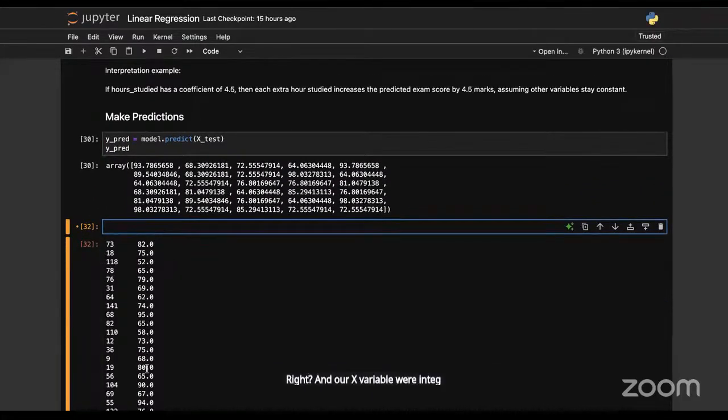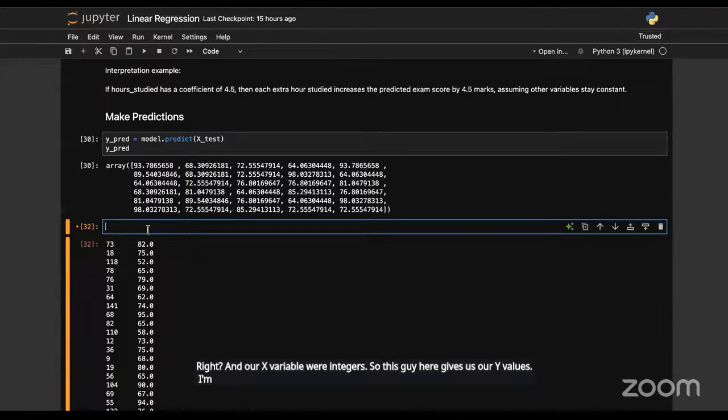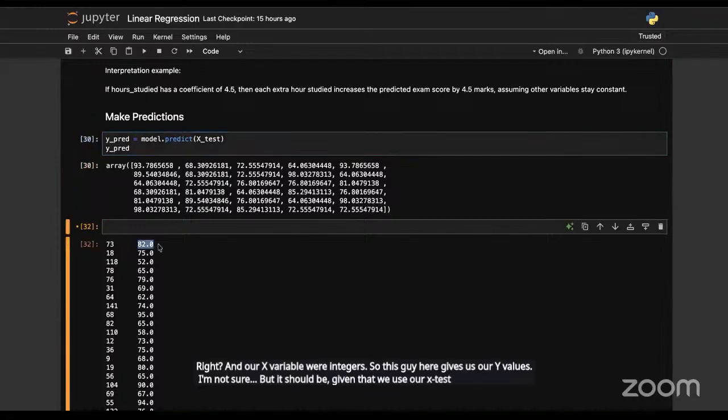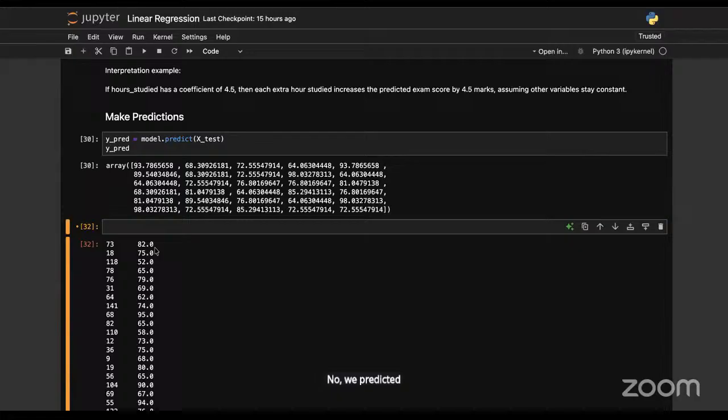So this gives us our Y values. I'm not sure, but it should be, given that we use our X test. So for the first one, we predicted 93, and it was 82. 75, and it was 68. 52, and it was 72. 64, and it was 65, and so forth.